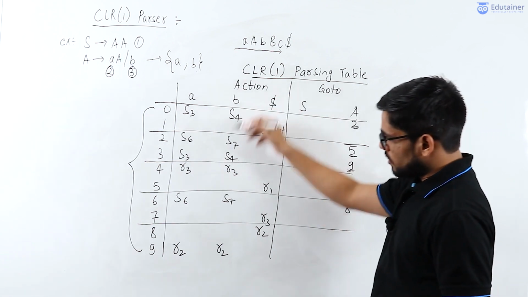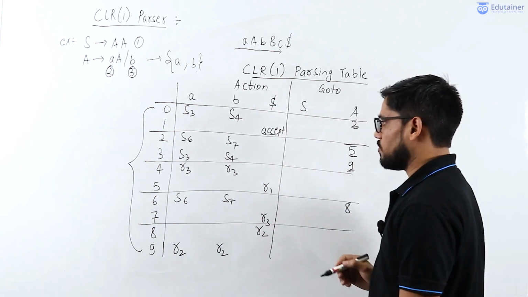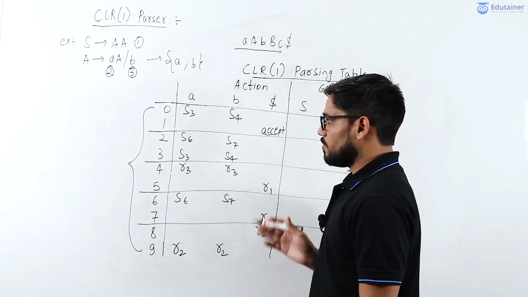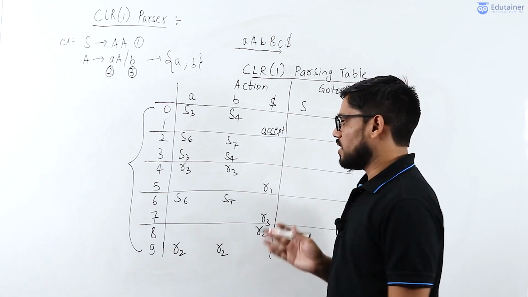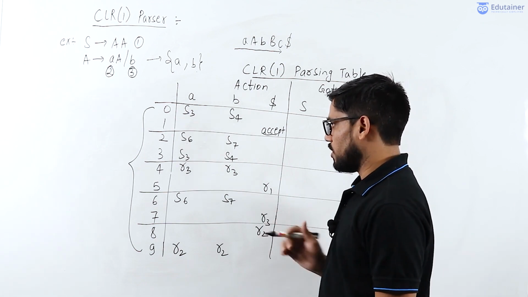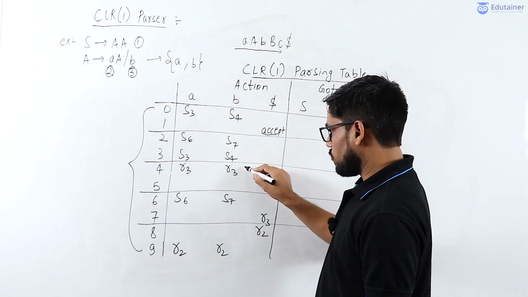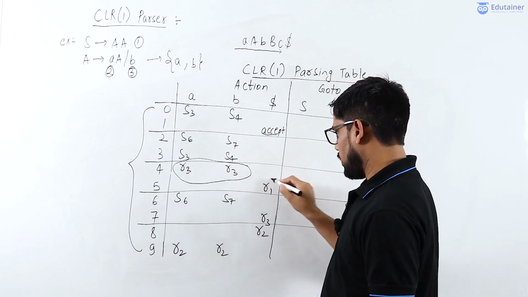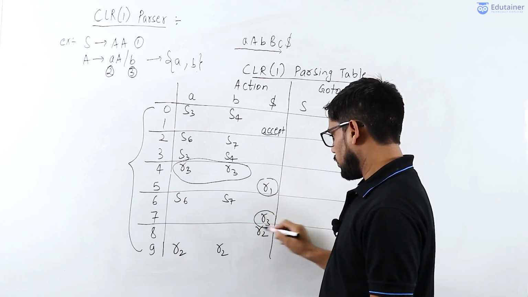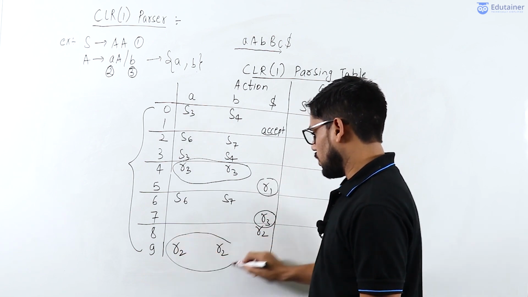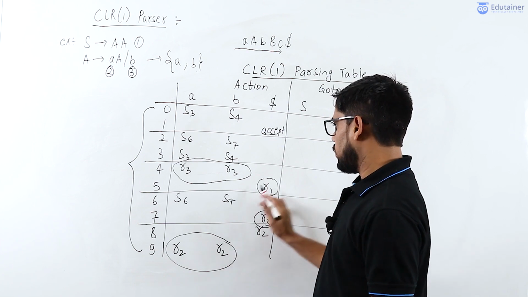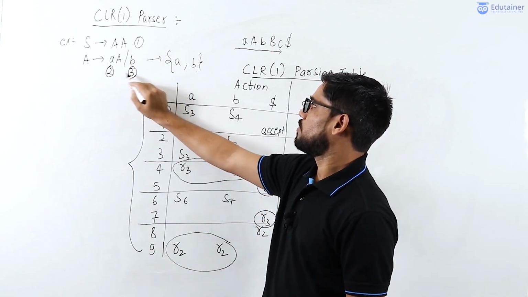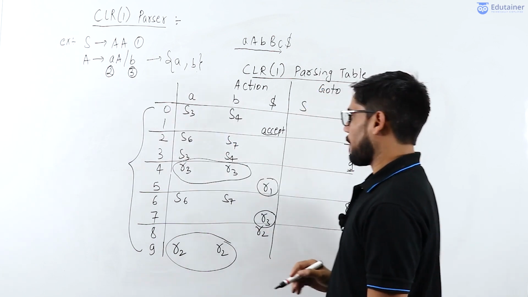Okay, so that's how I draw this CLR1 parsing table. The CLR1 parsing table differs from the LR0 and SLR1 parsing tables in terms of the reduce move. So these are the reduce moves: R3, and here R1, and here R3, and here R2. Okay, so R1, R2, R3 represent the reduce move number.